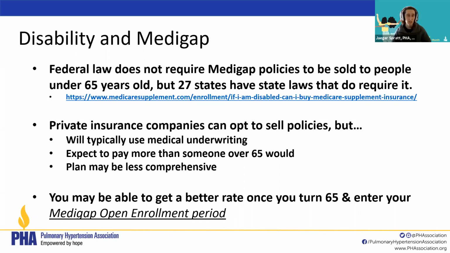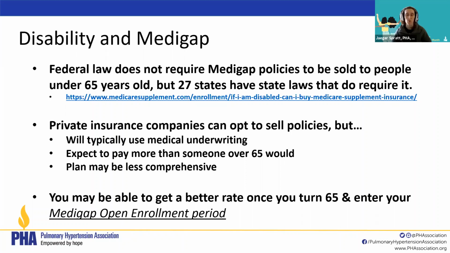So there are some exceptions in 27 states. The Medicare supplemental insurance companies are required to sell at least one Medigap policy to people under 65 who receive Medicare benefits because of a qualifying disability or a medical condition. But note, not all plans are created equal, and some of those states do also apply restrictions to that requirement.